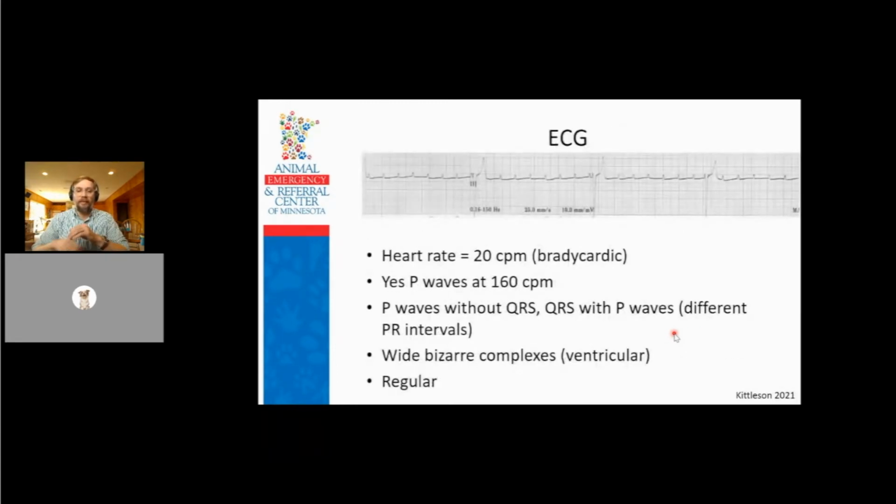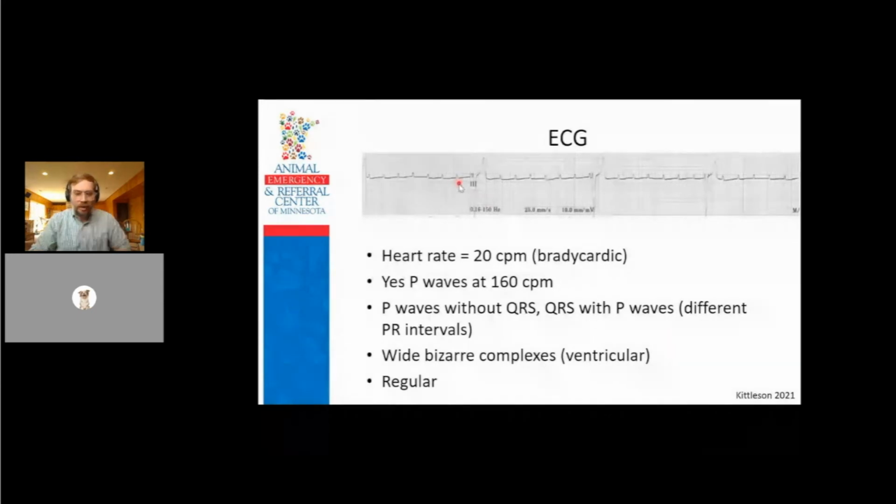Those are different causes. Just to kind of finish out the AV blocks, heart rate's 20 to 30, but we see the P waves, and if we do a P wave rate, we get 160. So that sinus node is trying to beat fast. The question is, are these complexes from the SA node or not? Is this second or third degree?